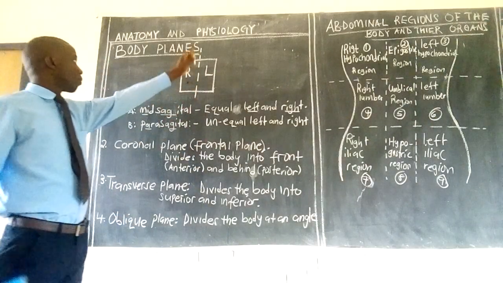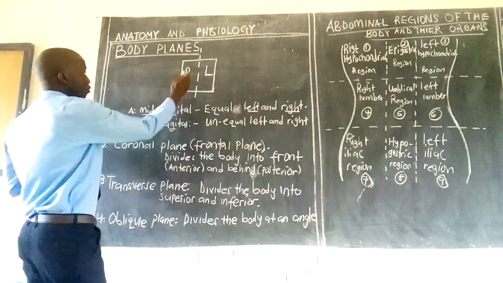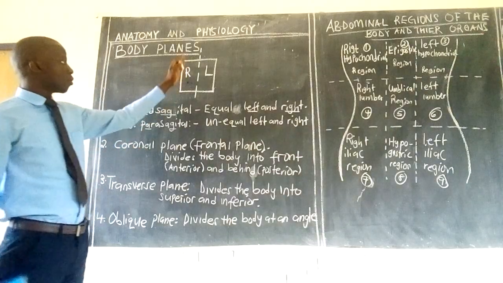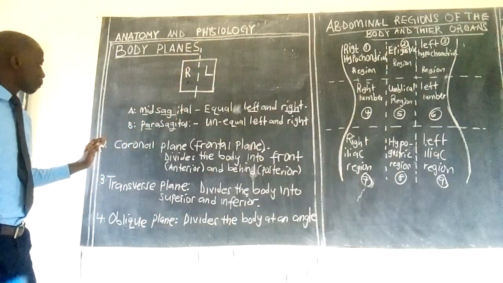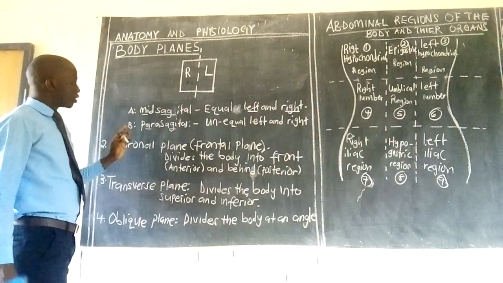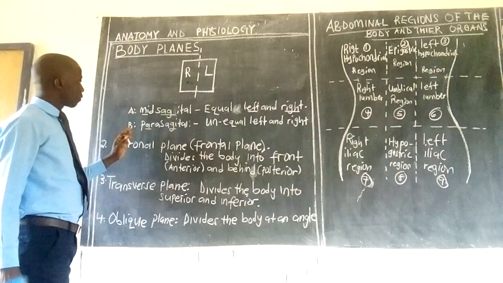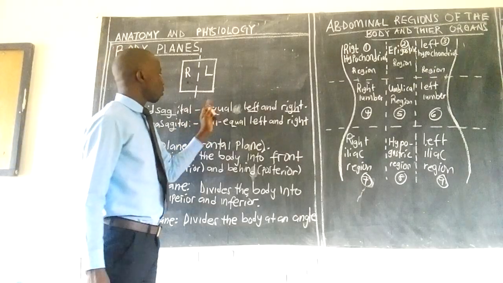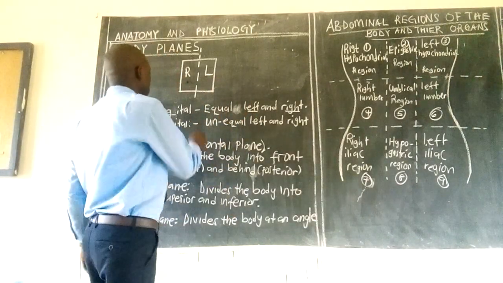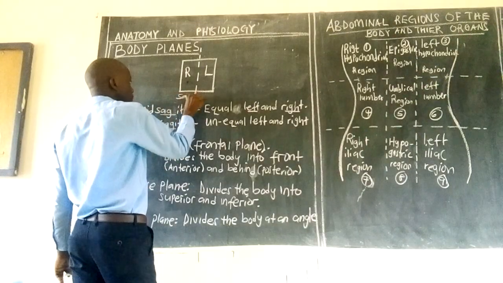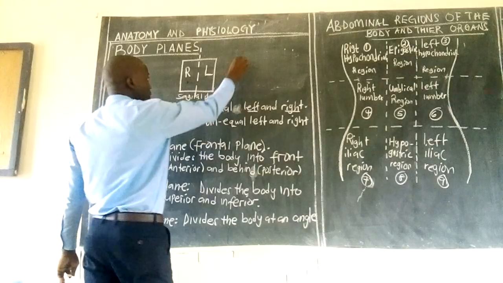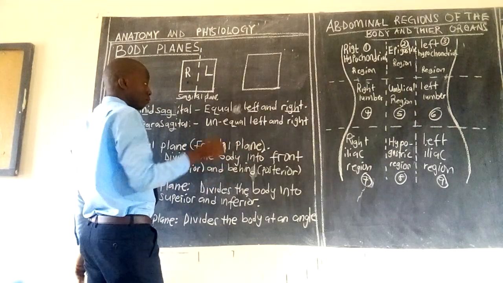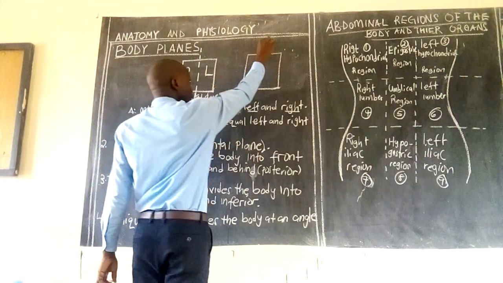That is the sagittal line. It divides the body into right and left. And we have said it is divided into two. We have a mid-sagittal that divides the body into equal left and right. So this was my sagittal plane. And we are saying this sagittal plane can be mid-sagittal.